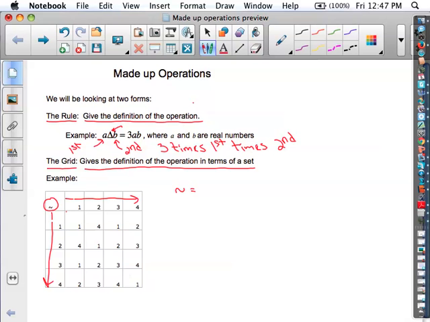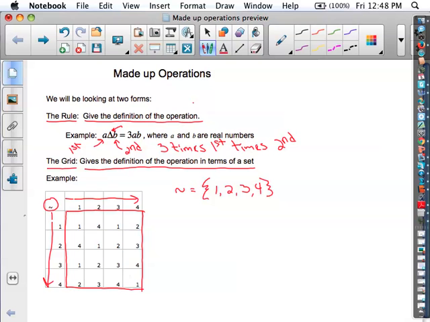So you can see that this is actually the body of the result when you perform the operation tilde on two elements of tilde. So my set would be 1, 2, 3, and 4.